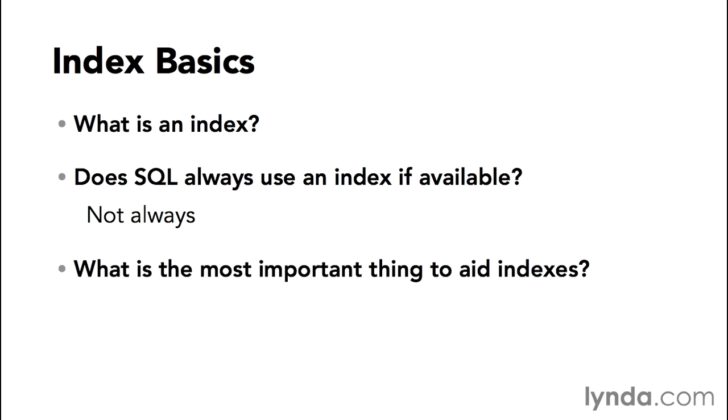What is the most important thing to aid indexes? It is update statistics. SQL keeps statistics on the efficiency of indexes, the changes in tables, etc. And SQL uses those statistics to make the decisions with the query optimizer that I just talked about.